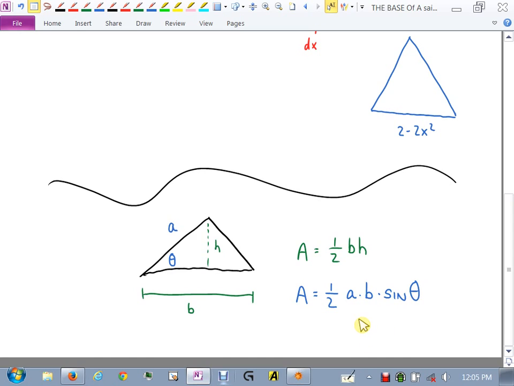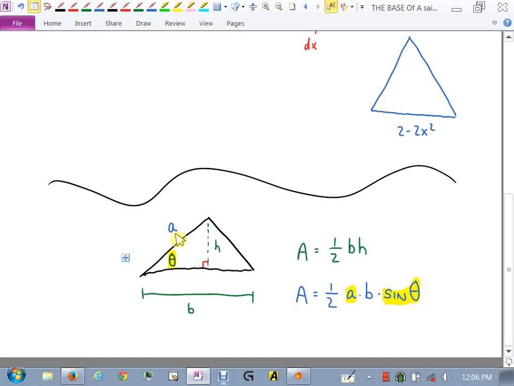Anybody remember that formula or remember seeing it at some point? This is actually not a magic formula. A lot of people think you have to know a lot to figure it out. Check this out. Look at theta over here. From this triangle, if I draw a little right triangle, what is sine of theta?